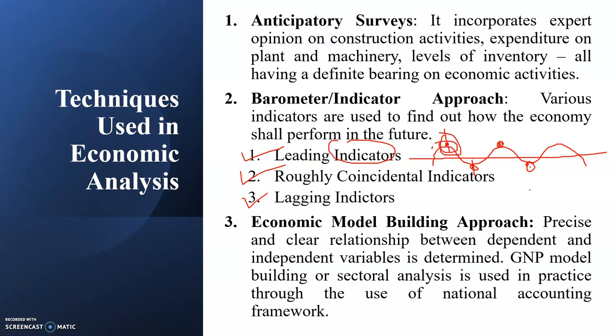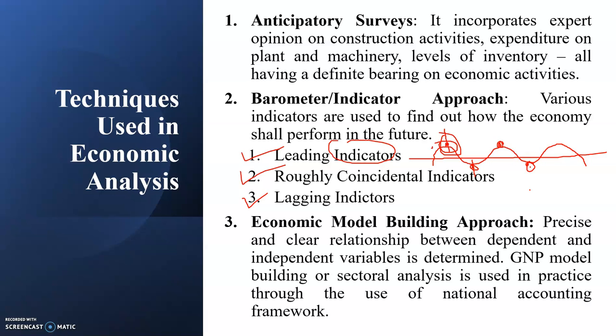So these are items which lag behind. Only after the economy has reached a certain point are the results found. So we have unemployment, outstanding loans in case of banks and industries, then the consumer price index and inflation or deflation. These come only after the economy has reached a certain point.